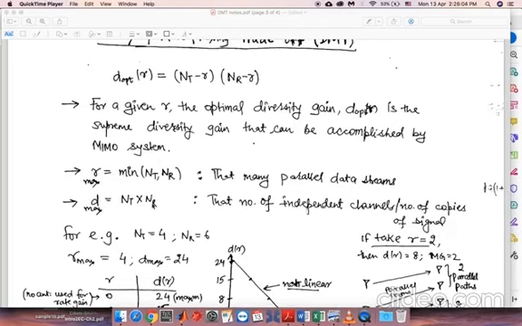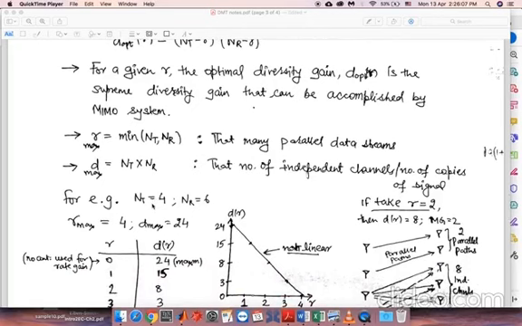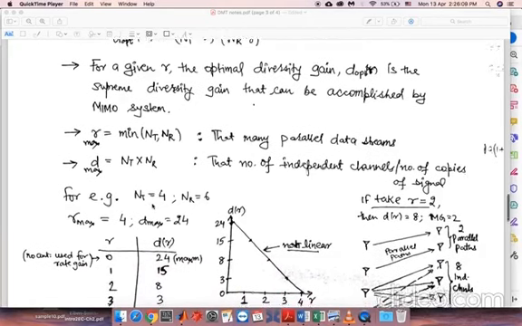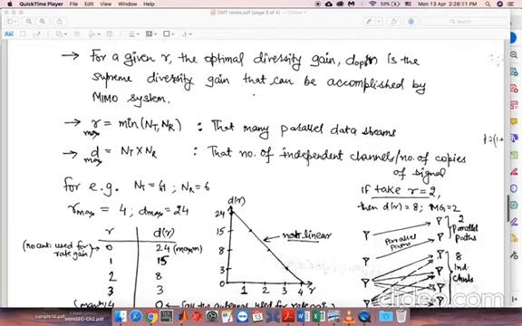So let's explore it further with the help of this example where NT is 4 and NR is 6, specifically a 4 cross 6 MIMO system. Number of transmit antennas 4, number of receive antennas 6.